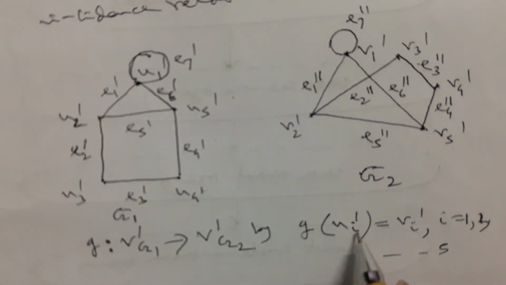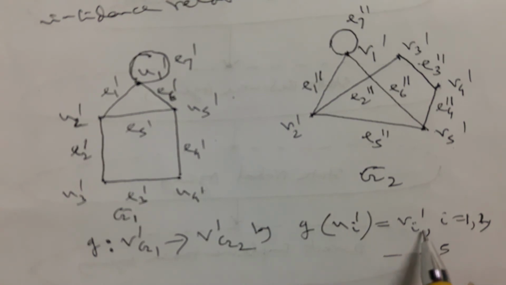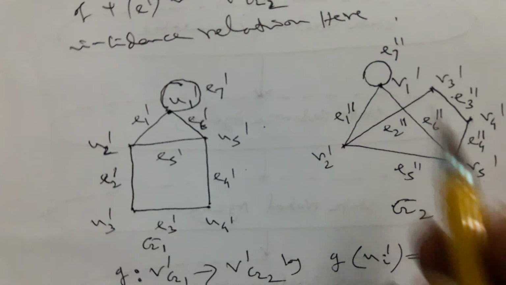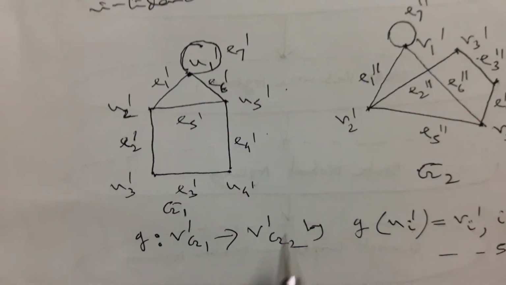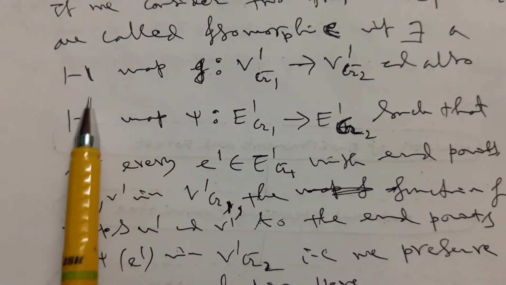For i equals 1, g of u1' is v1'. So in this way we find it is a vertex concept. So finally we consider here the map. So the definition criteria is satisfied.